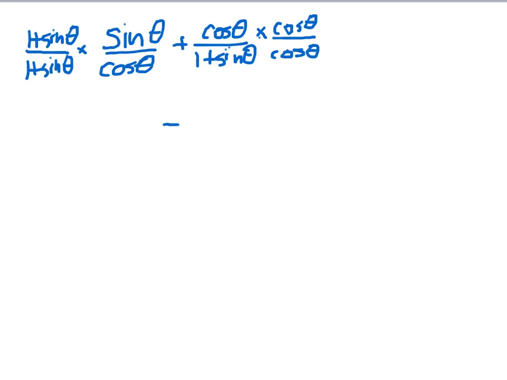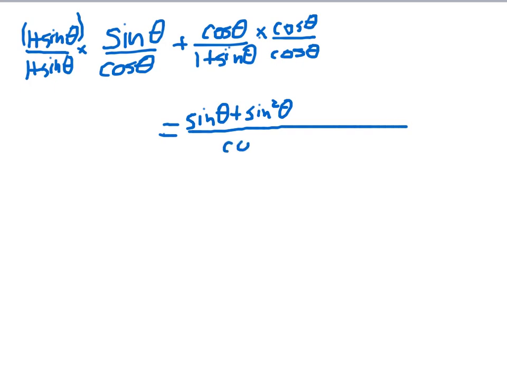Let's put an equal sign. Anytime you're doing identities, you need to link steps through equal signs. And so up on top, we have to realize that this is a whole expression. Distribute that sine, so you have sine theta plus sine squared theta. Remember, this is all going to be over our common denominator of cosine theta times the quantity 1 plus sine theta.